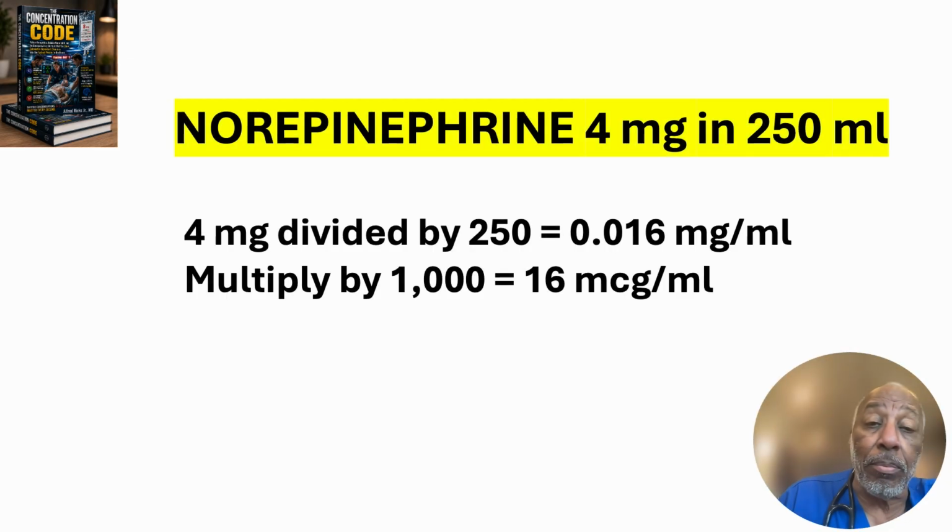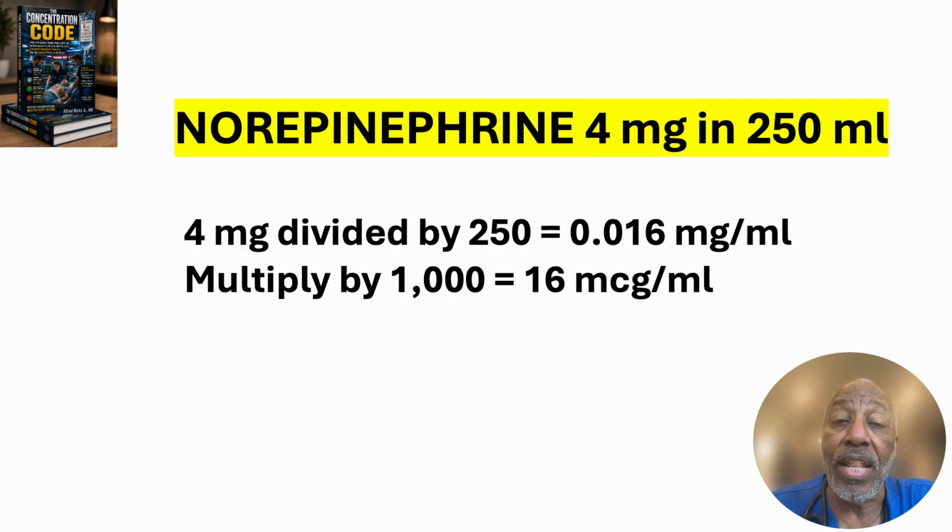Another common example is norepinephrine, mixed as 4 milligrams in 250 milliliters. 4 divided by 250, and you get 0.016 milligrams per milliliter. Multiply by 1,000 and you get 16 micrograms per milliliter. Now you know that every milliliter of that bag contains 16 micrograms of norepinephrine.